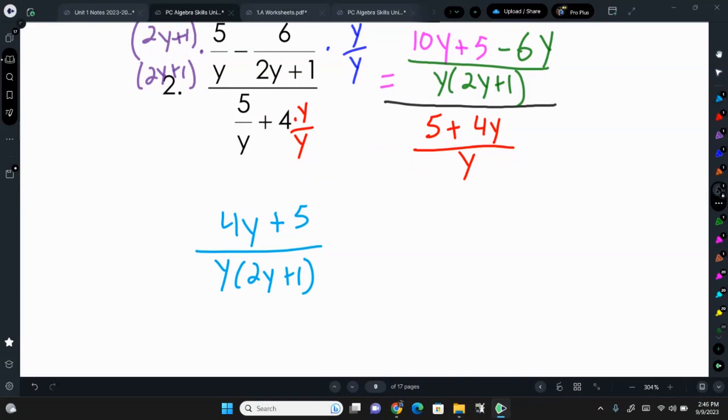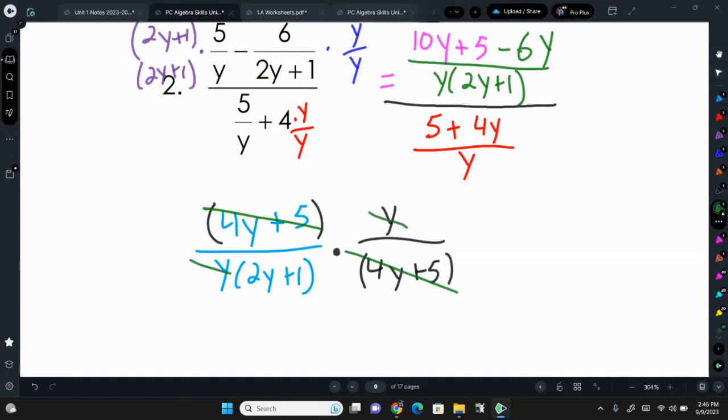And then we're going to take that second fraction and flip it, so y over, and I'm going to rewrite the order of that. So then what you're going to see is that the 4y plus 5 cancel, and y over y cancel. So we're really left with 1 over 2y plus 1.